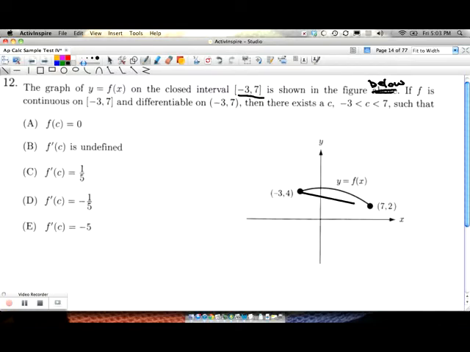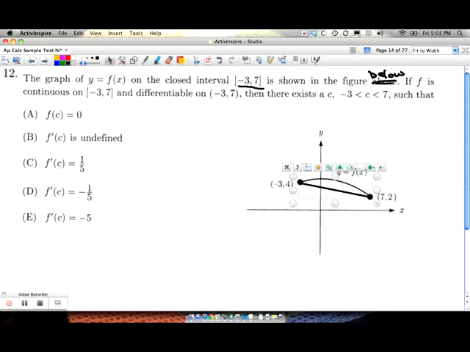That means that I could find the average slope, and if I were to compare this average slope to another place here, somewhere it's also going to be parallel to that.